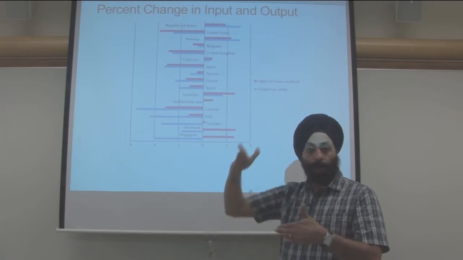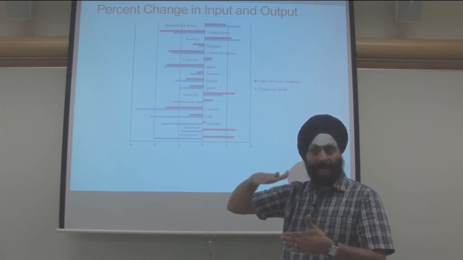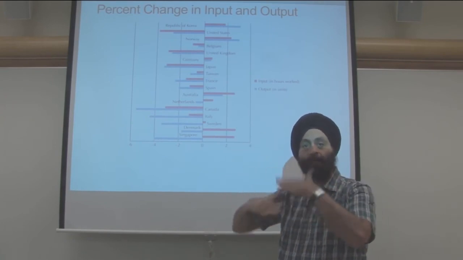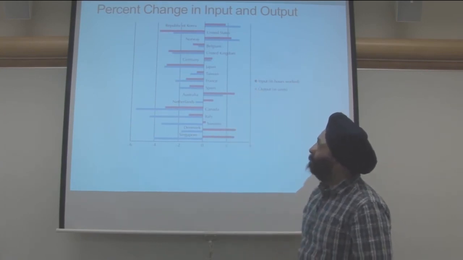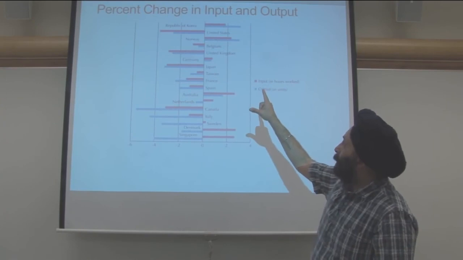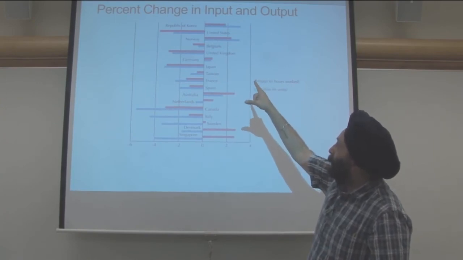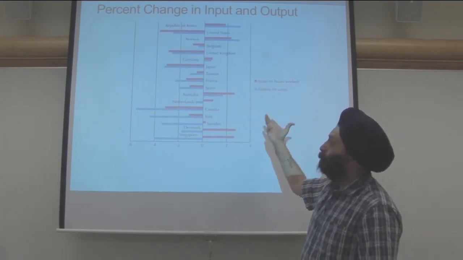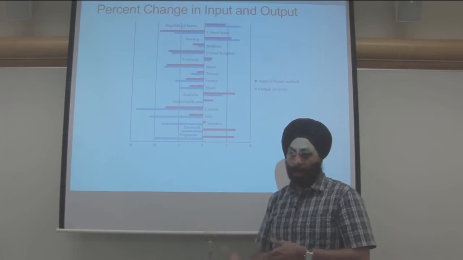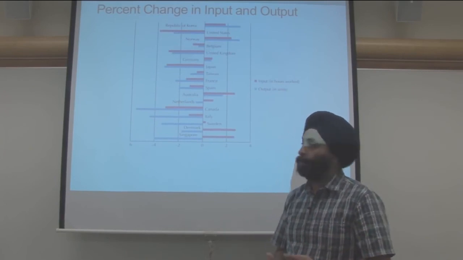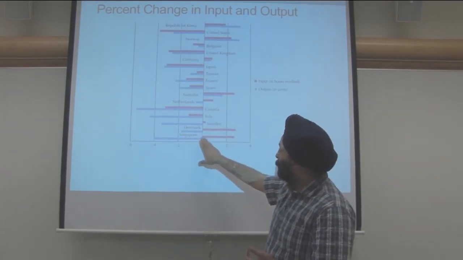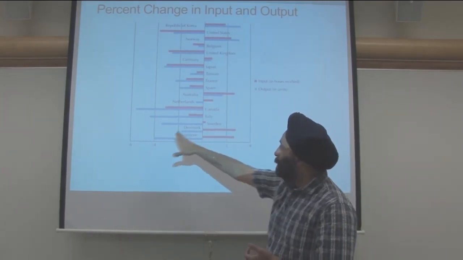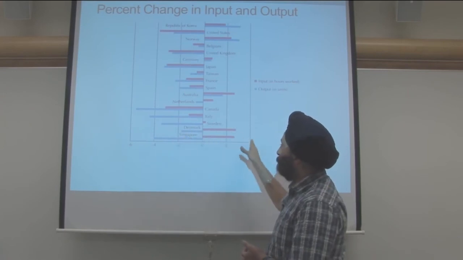So the numerator decreased, but the denominator decreased even further. So that's where the productivity increase is happening. If you look at Norway, they are increasing their output relatively more than their input. In terms of Singapore, their output is decreasing, but their input is increasing.